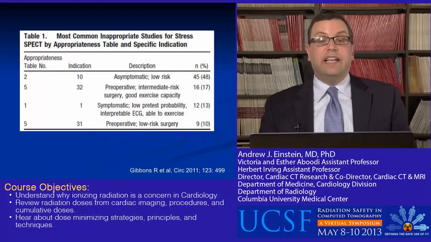In fact, in addition to this multicenter study, there's another study looking at the Mayo Clinic, which is quite a different patient population, from Dr. Gibbons and his colleagues there. They've looked also at the most common inappropriate studies for stress myocardial perfusion imaging, and they found also the asymptomatic low-risk patient here constituted half of patients who had inappropriate studies.